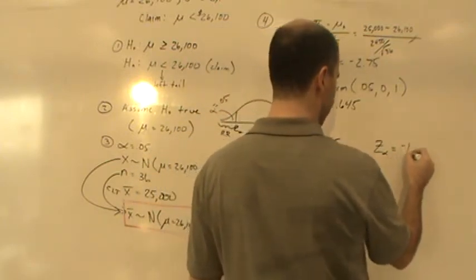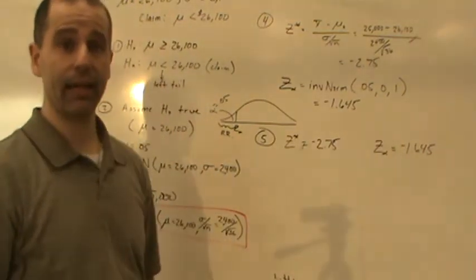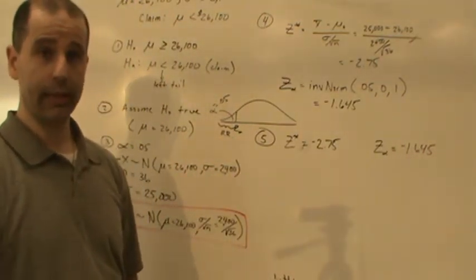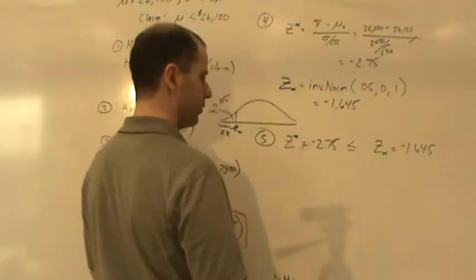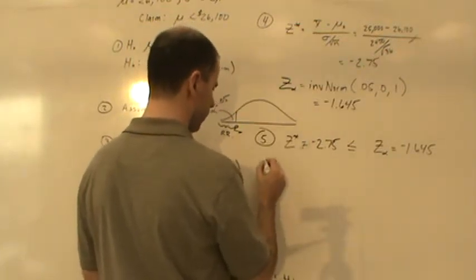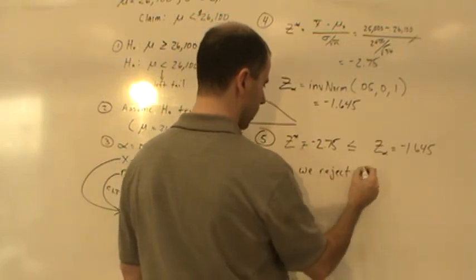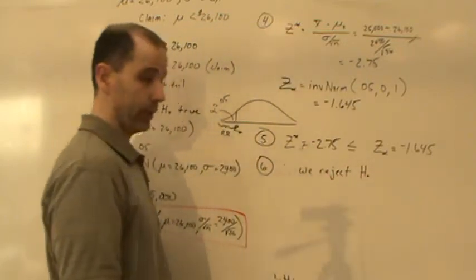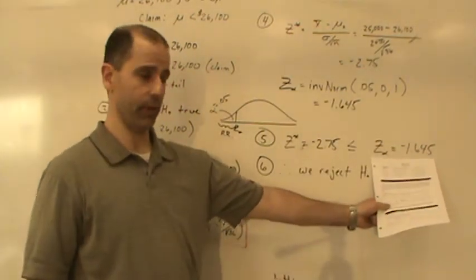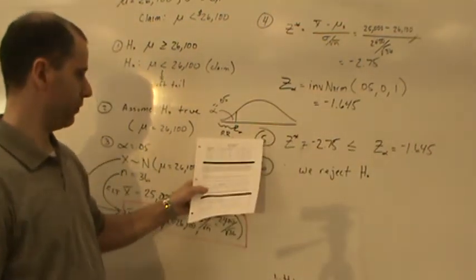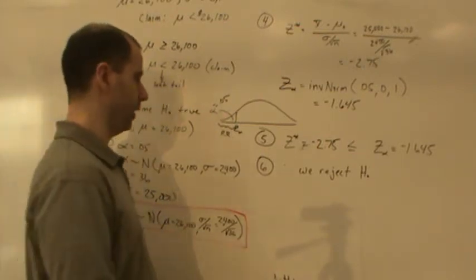Our z alpha, our critical value, is negative 1.645. Is our test statistic less than our critical value? The answer is yes. So it is less than or equal to, therefore, what's the conclusion? We reject the null. So again, if our test statistic falls within the rejection region, we reject the null. That's why you draw the picture if you're ever confused. Okay? So that's the traditional method in this problem.